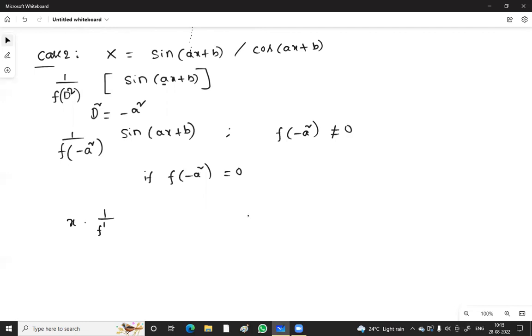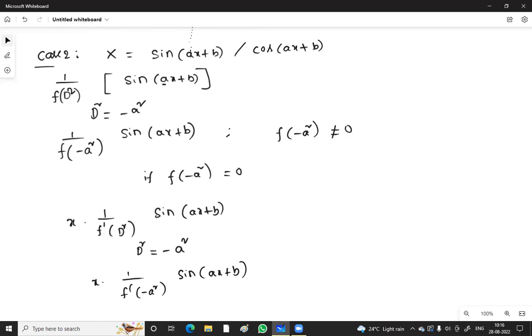You do f dash of D square and operate on sin(ax plus b). Again, in the place of D square you put minus a square. It means x into 1 over f dash of minus a square, on sin(ax plus b). That's it.